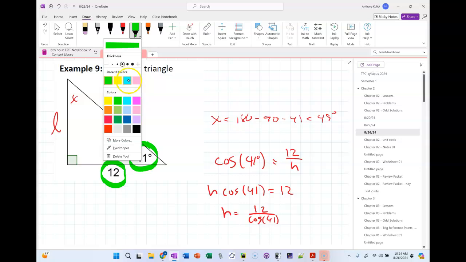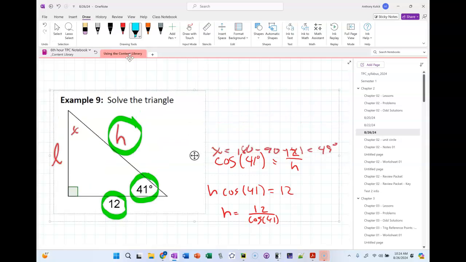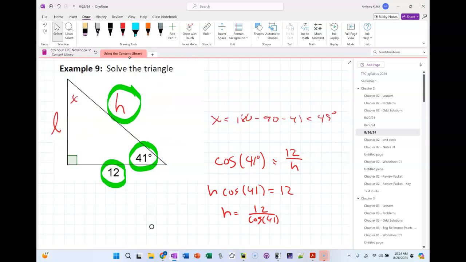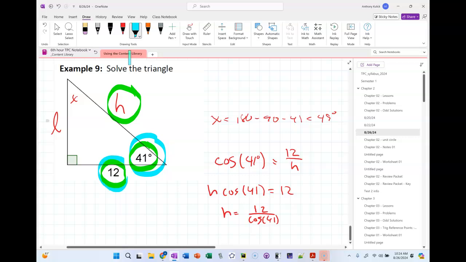If I want to solve that guy, I'm going to use that 41 and 12 again, and this time L. Which trig function would I want to use to solve for that L if I'm using the 41 degrees and the leg 12? Tangent, very good.